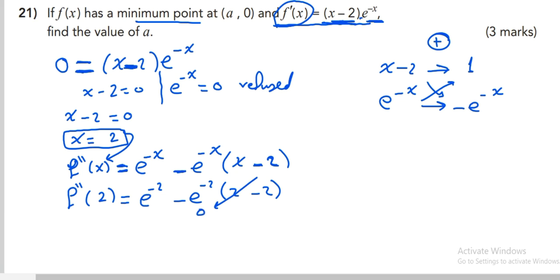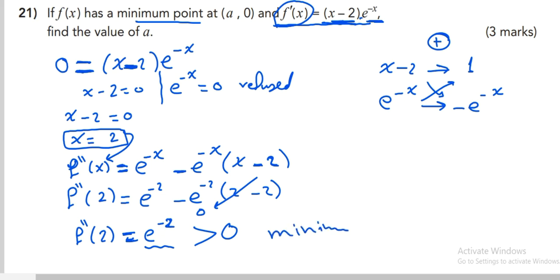So f double dash of 2 equal e to the power negative 2. We can see using a calculator that the value of e to the power negative 2 is bigger than 0. If the second derivative gives a value bigger than 0, it's a minimum point. If it's smaller, it will be a maximum.